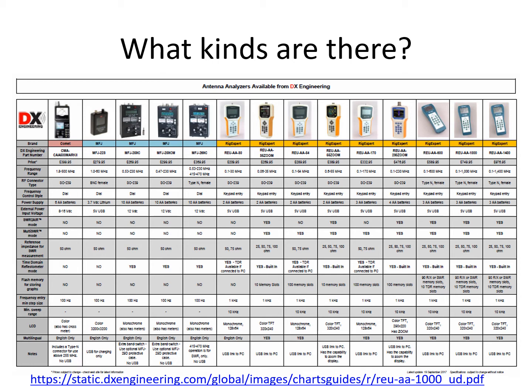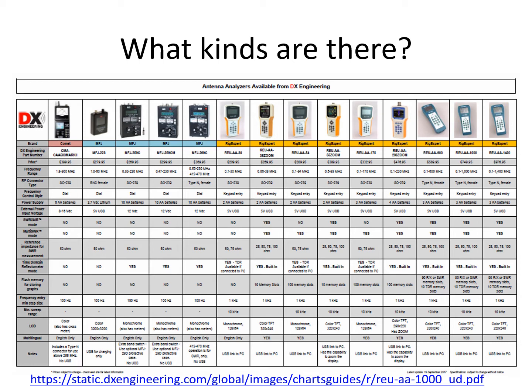And let's go back. I don't know if I can go back a page without messing this up. But this analyzer here has a dual needle meter that you use to read the standing wave ratio and the impedance of your antenna.